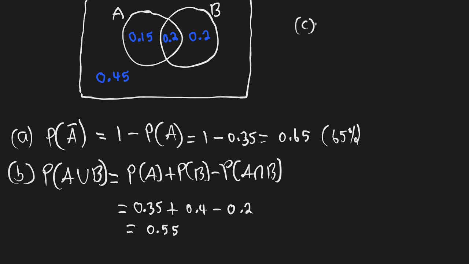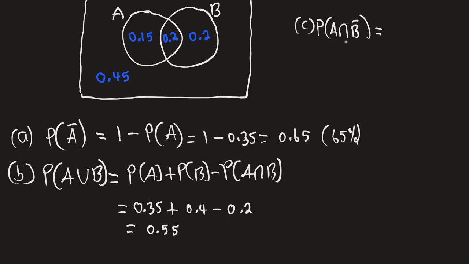So let's say part C. Let's say I want now the probability of A intersect B complement. We've done all the work for this. A intersect B complement is everything inside A but not inside B, so it's just the 0.15 here.